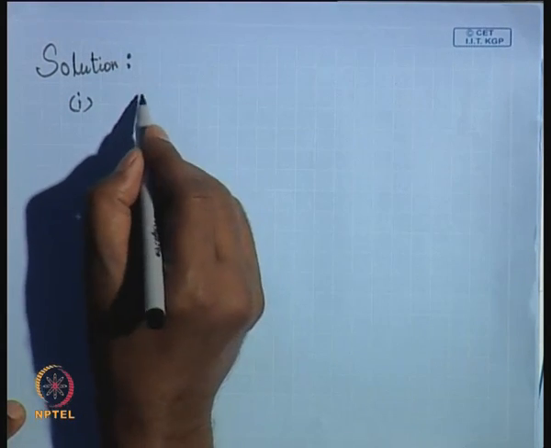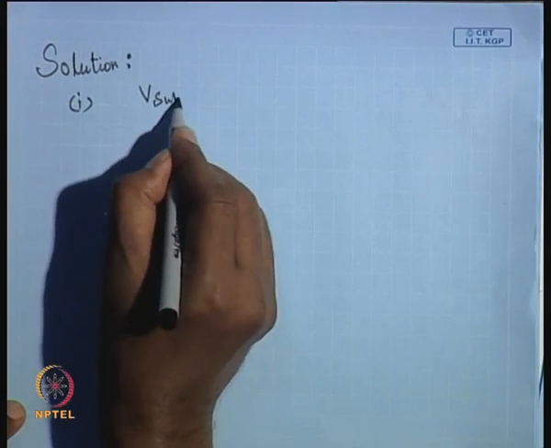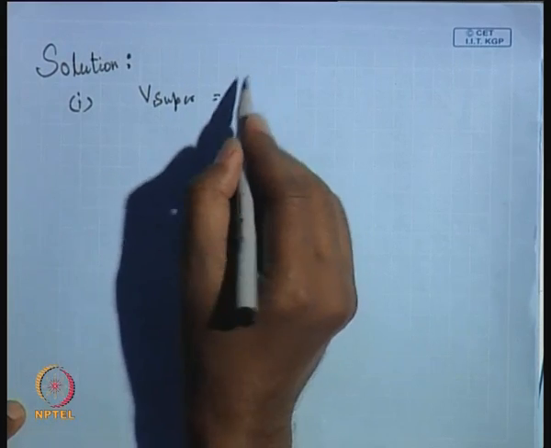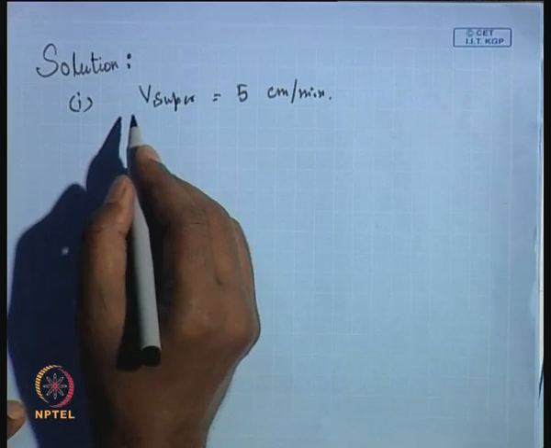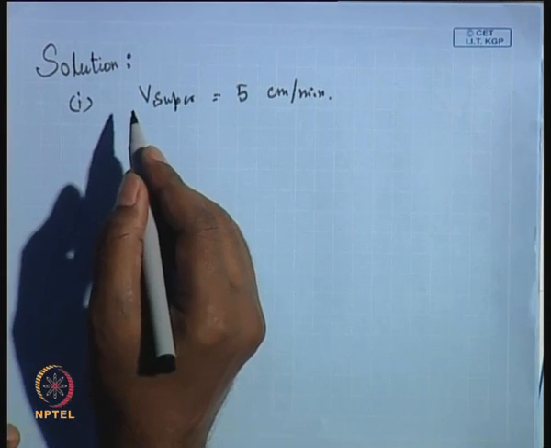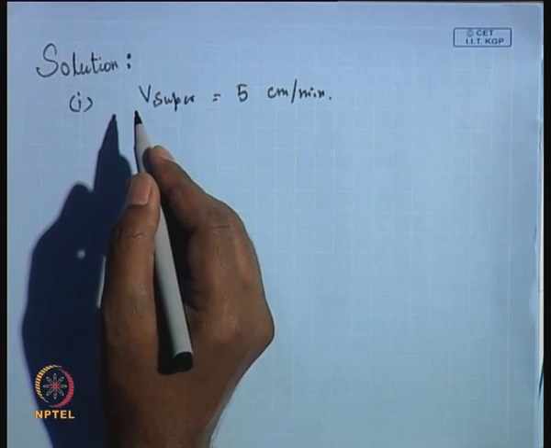We have the superficial velocity for the shock wave as 5 centimeter per minute, and the interstitial velocity, that is the velocity of the liquid moving through the interparticle pores, will be different. Will it be more or less?